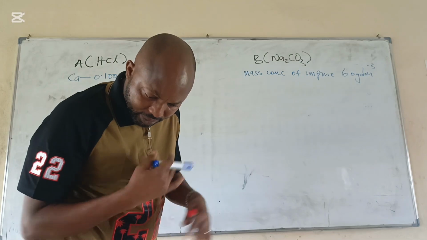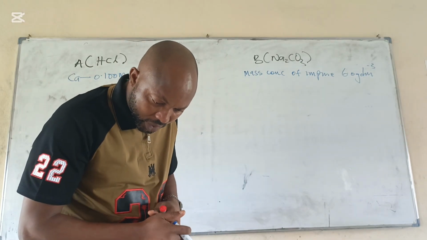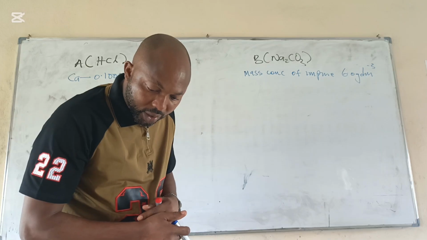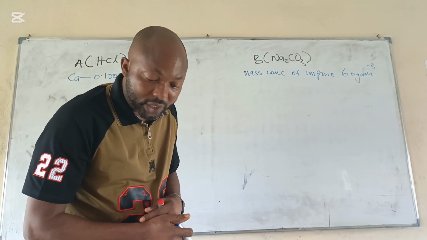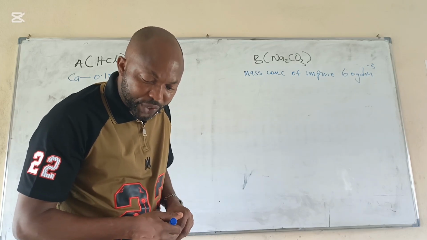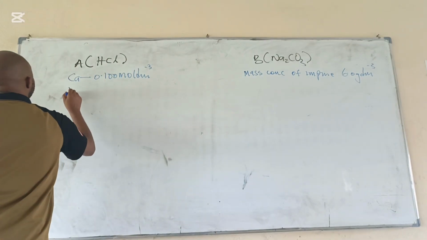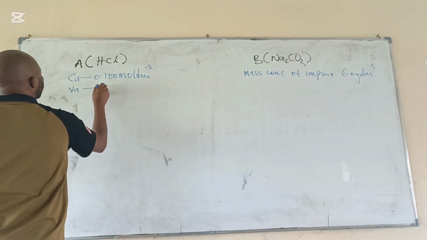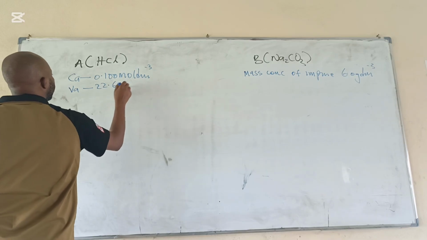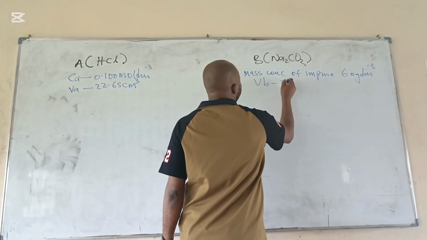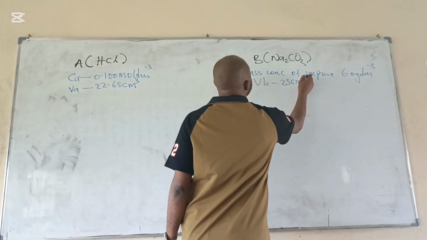We say 6 grams of a mixture of anhydrous sodium carbonate and sodium chloride in 1 dm cube. Good. 25 cm cube of B required an average of 22.65 cm cube of A. VA is 22.65 cm cube and VB is 25 cm cube.